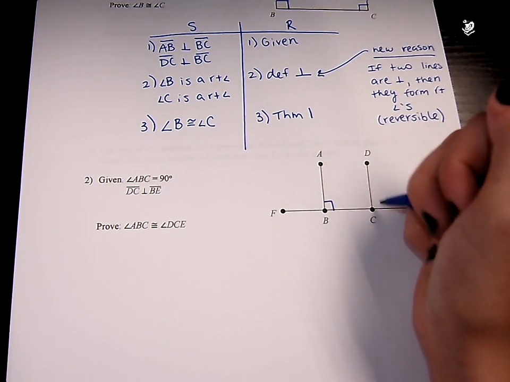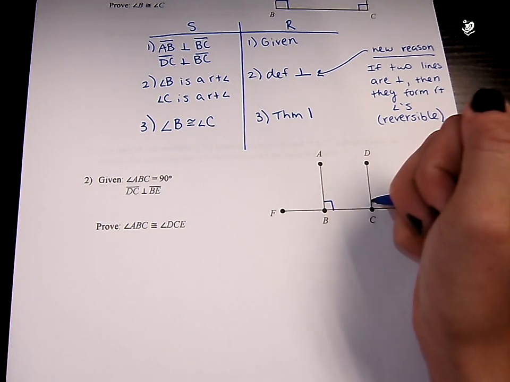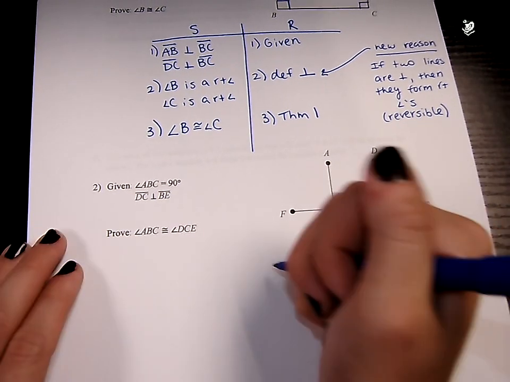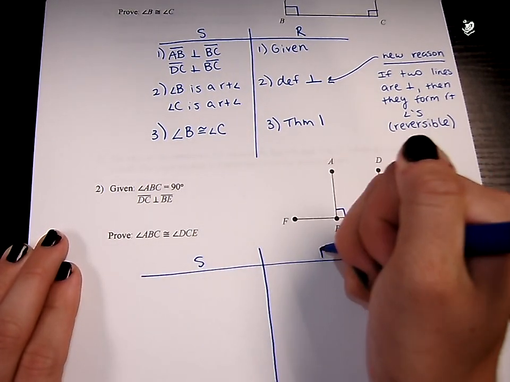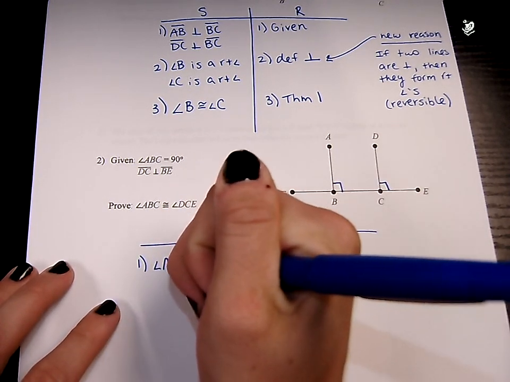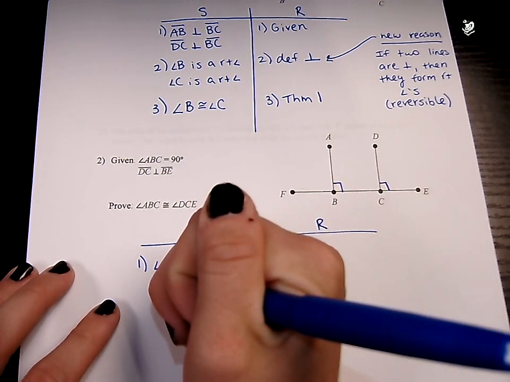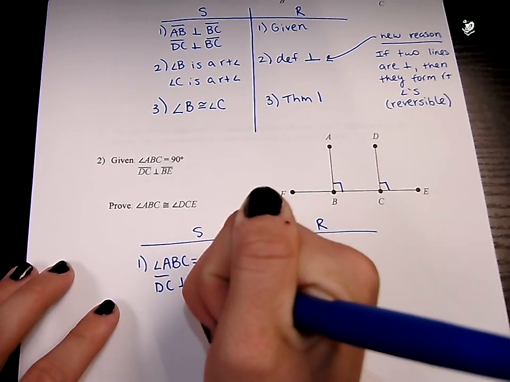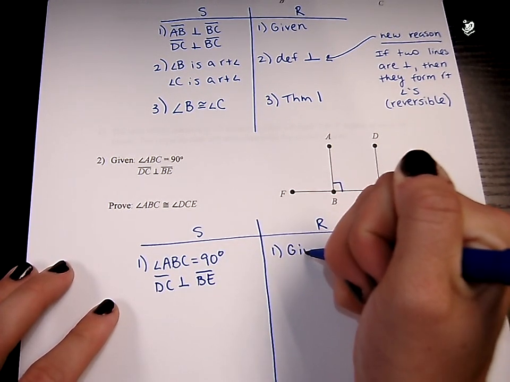And I know that DC is perpendicular to BE, so I'm going to put another box. Do my T-chart, statement, reason, and I'm going to put my givens first. So angle ABC equals 90 degrees, and DC is perpendicular to BE. And the reason is that it is given.